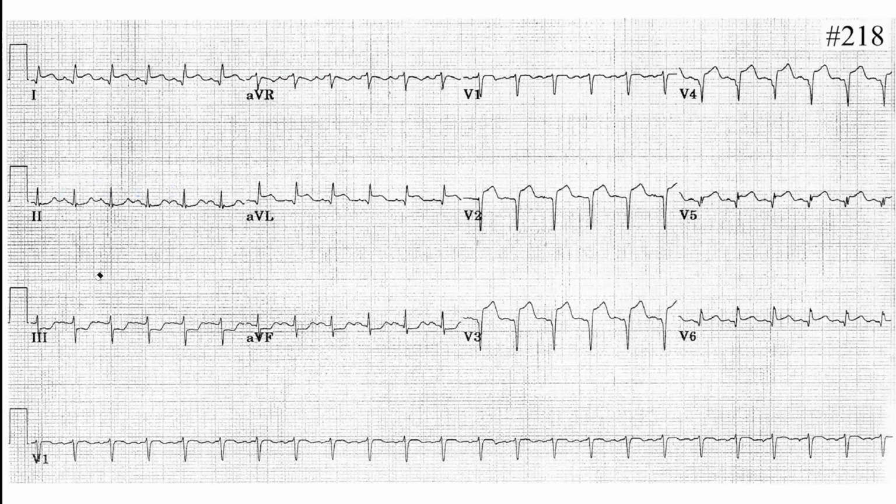The PR interval: from the beginning of the P until the beginning of the QRS, it's less than 0.2. Okay, good. Next one, QRS. Is it a wide QRS or not? It's narrow. Okay, good.